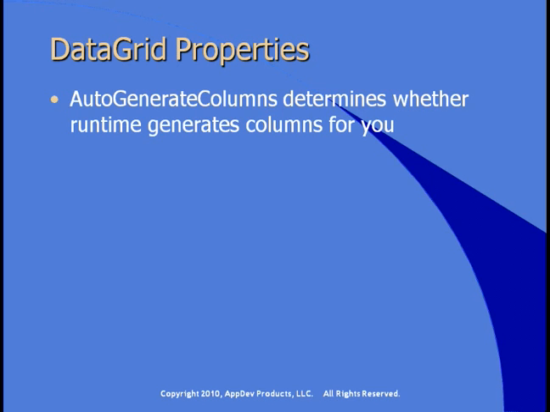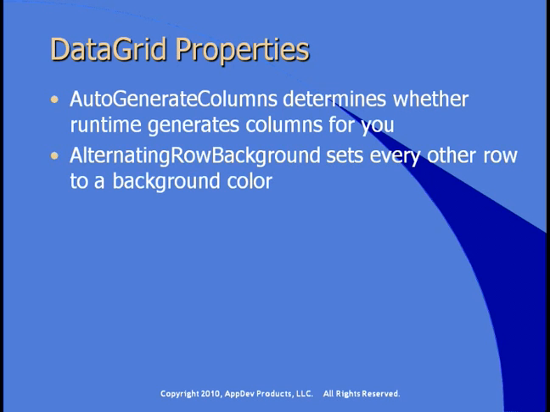So in that case, you'll probably define them yourself. If you were showing an order ID and 3 dates, then you might let the runtime generate the columns for you. So it's going to kind of depend on how many columns you have and what size they wind up being. You can set the AlternatingRowBackground property and specify a color, so every other row is that color.